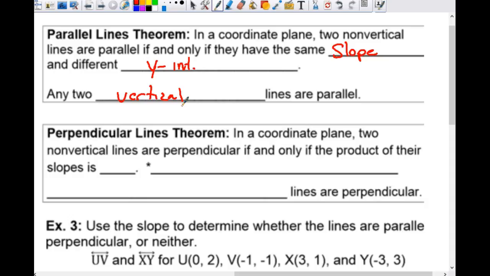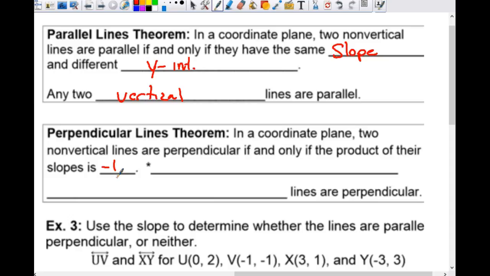Yeah, they do have to be different. Not 0. It has to be negative something. Negative 1. So if you multiply the two slopes together and it's equal to negative 1, the lines are perpendicular.